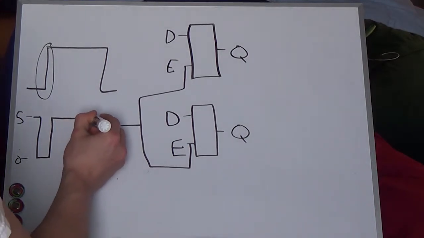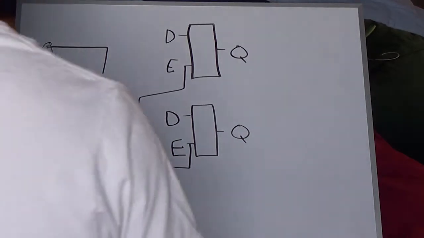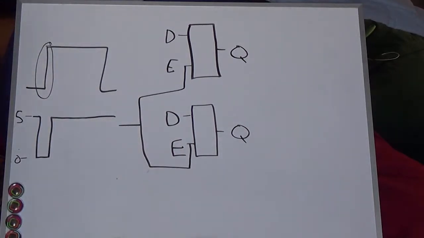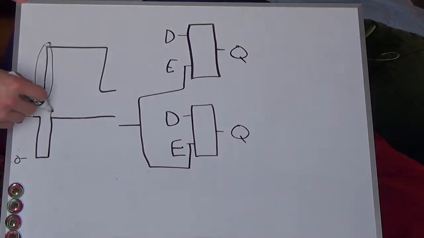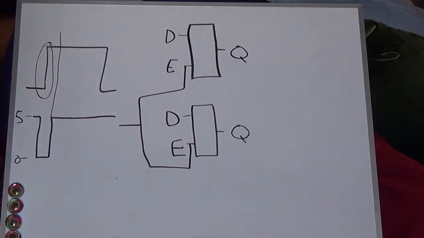And so, by doing that, if I have this signal here fed to enable, the data will be pushed onto the data lines right at the beginning of the signal, and enable will be triggered shortly afterwards.